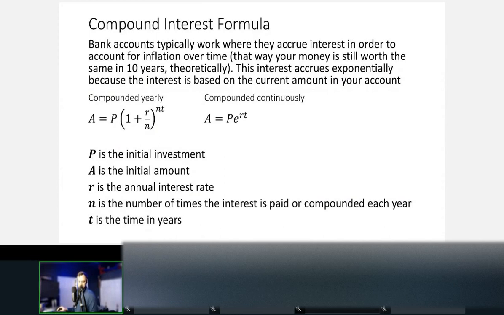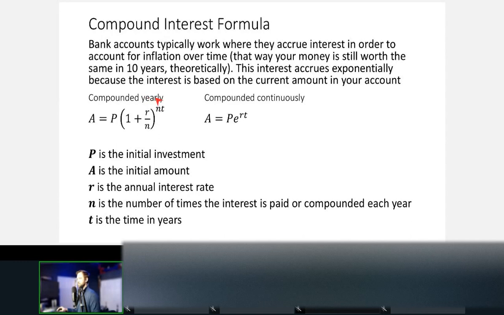Okay, compound interest formula. All right, you've probably seen this in past math classes for sure. So we have a formula where you compound yearly.